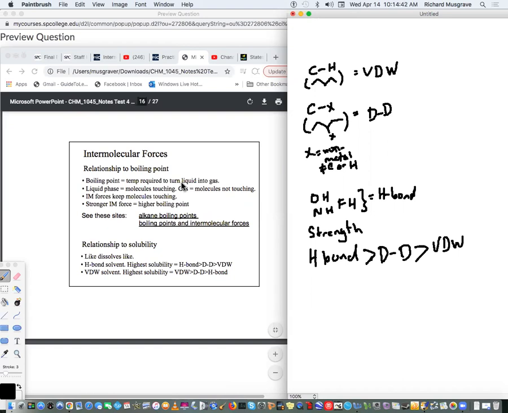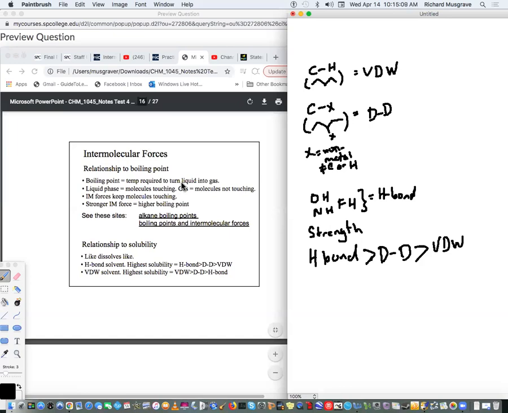In the gas phase, the molecules aren't touching. It's the intermolecular forces that keep the molecules touching, and the link then between intermolecular force and boiling point is that the stronger the intermolecular force is, the higher the boiling point will be. I'll say that again. The stronger the intermolecular forces between the molecules, the higher the boiling point is going to be.